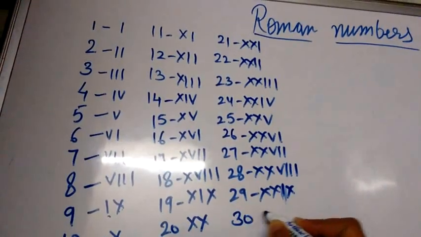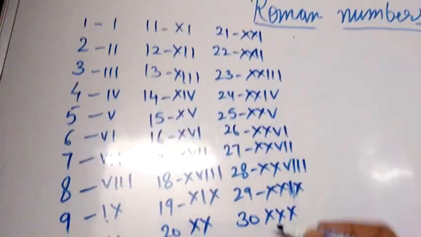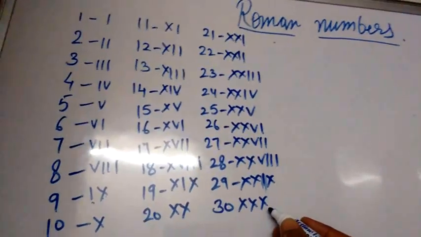And 30 is 3 times X. Now, X can be repeated only 3 times, not more than 3 times.